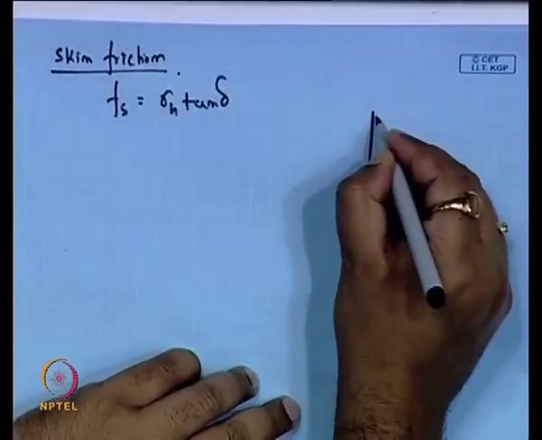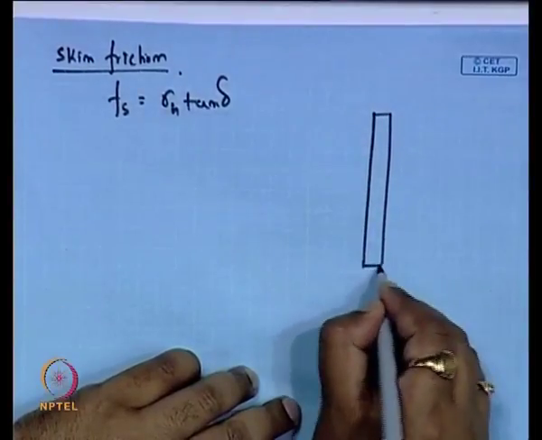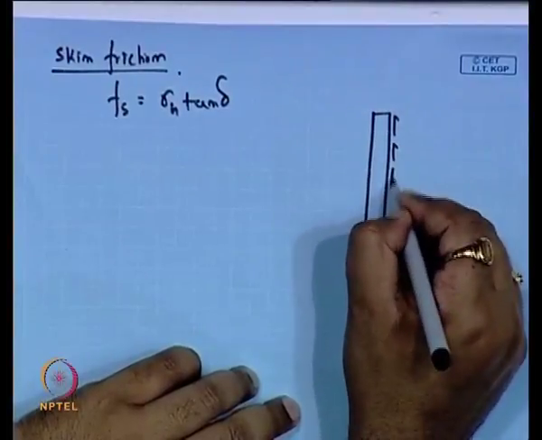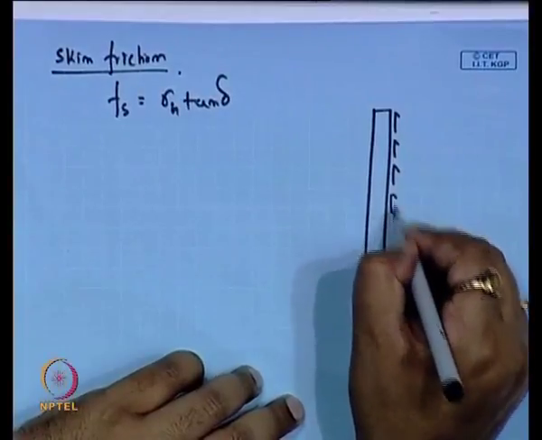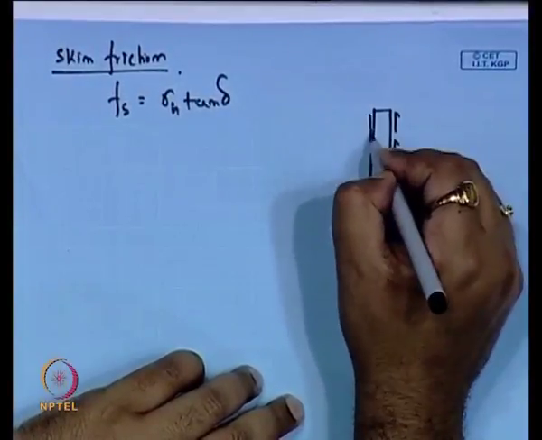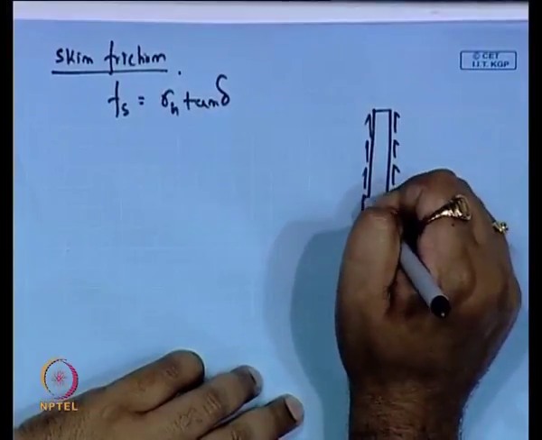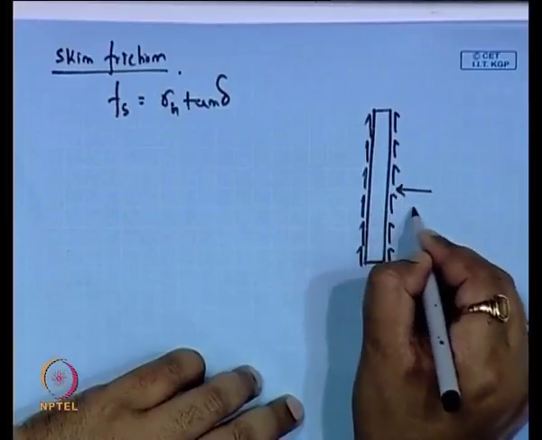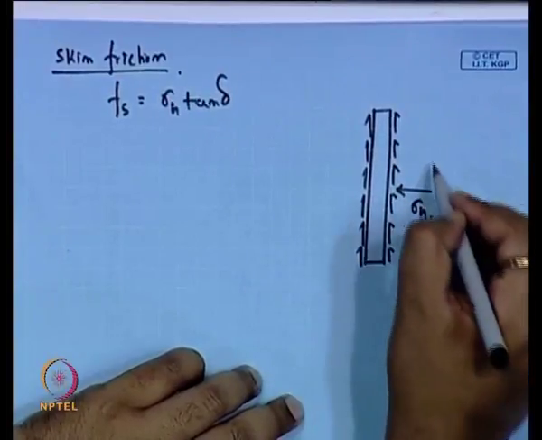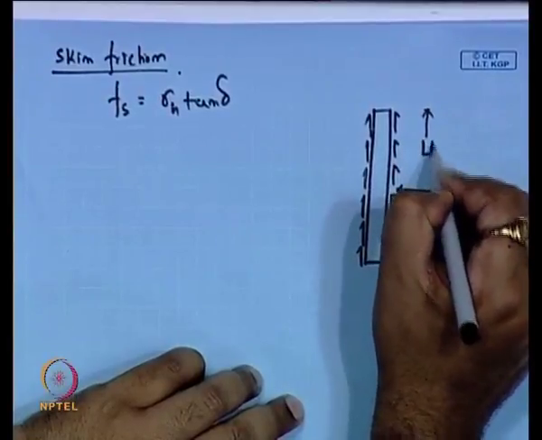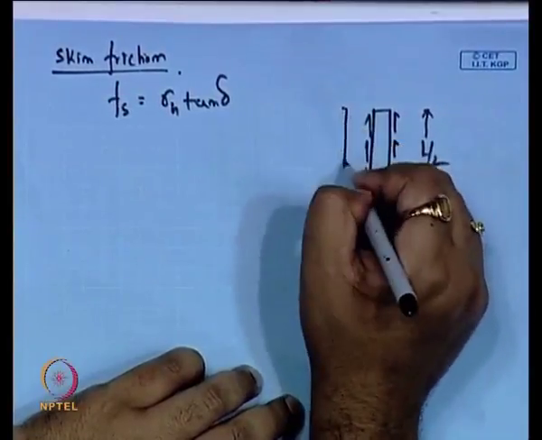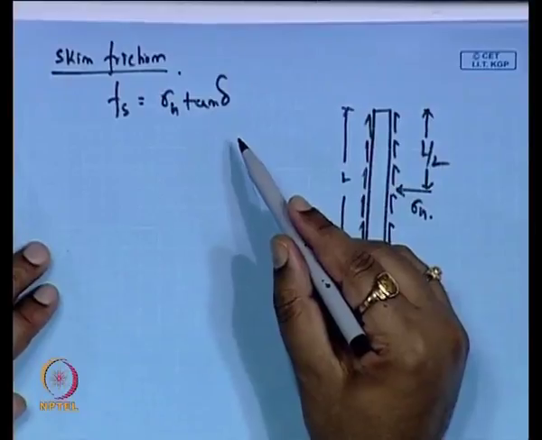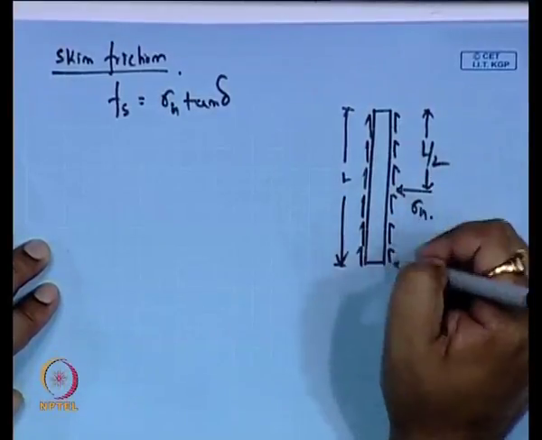Suppose this is the pile that we are talking about, and this is the friction resistance acting here. Suppose at the center point we are talking about sigma h, that is the distance at L by 2, and this is the total length of the pile L, and delta is the frictional angle between the soil and the pile.